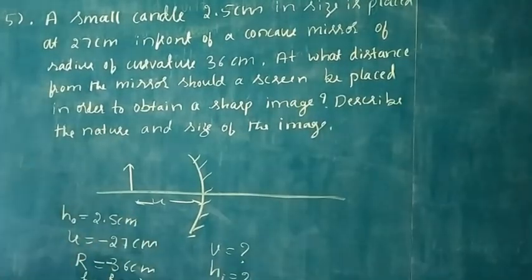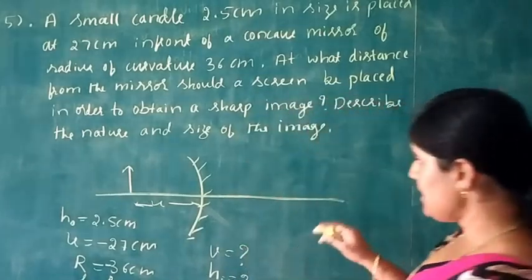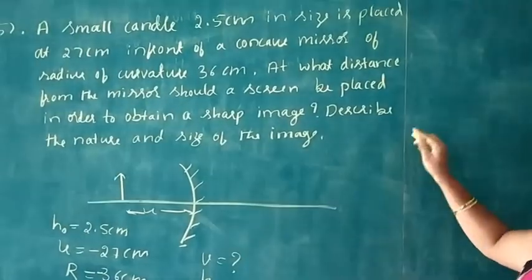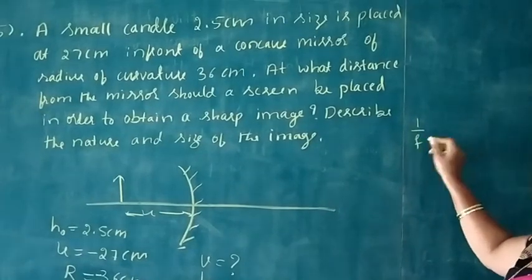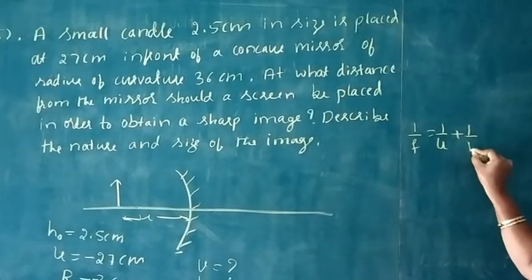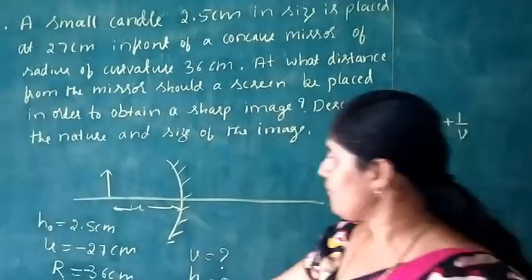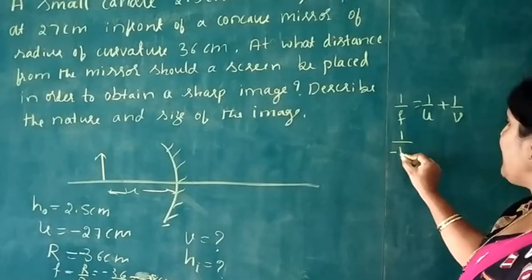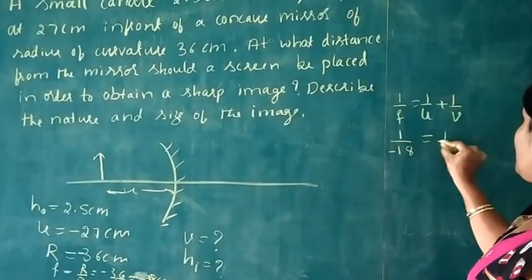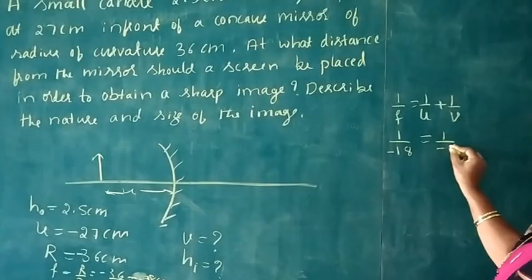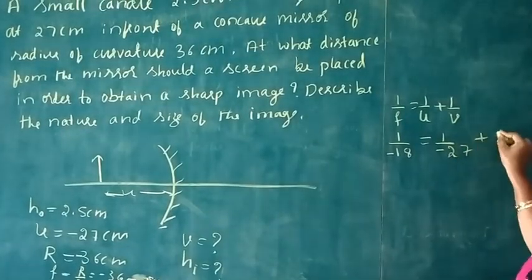So first we calculate the image distance by writing the mirror formula, that is 1 by f is equal to 1 by u plus 1 by v. Here f is minus 18 centimeter, that is 1 by minus 18 is equal to 1 by u, u is minus 27, plus 1 by v.